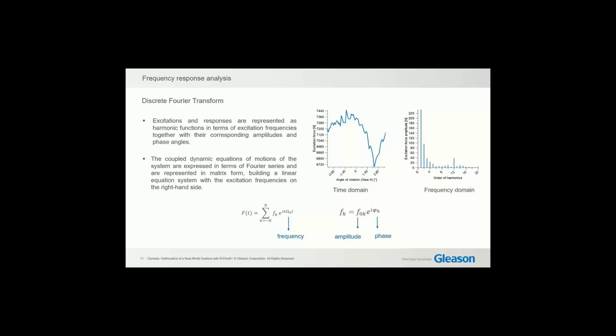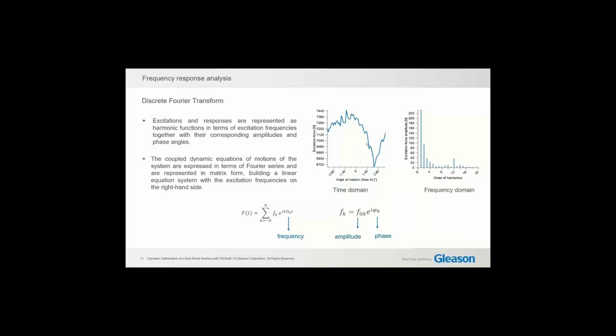As you know, in real applications, gearboxes are mainly subjected to harmonic or transient excitations, and the resulting responses, for example displacement, velocity, or acceleration, are measured, and the relationship between the input and the output signal is typically expressed in the frequency domain as a frequency response function. In this context, the discrete Fourier transform is used to convert the time domain signals into the frequency domain.